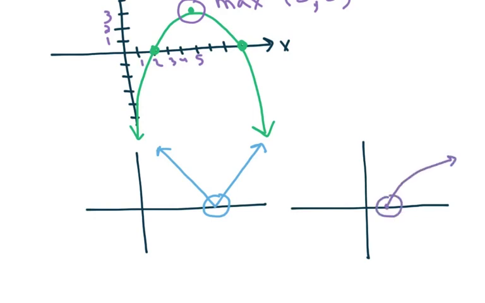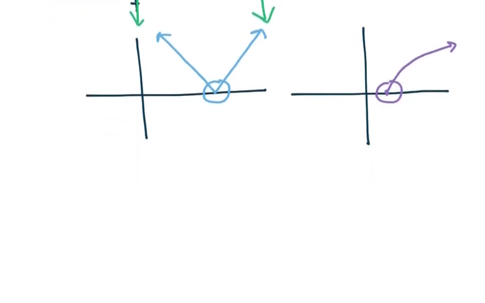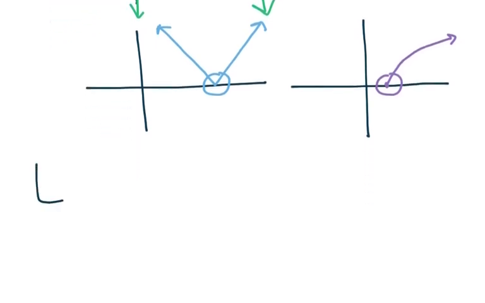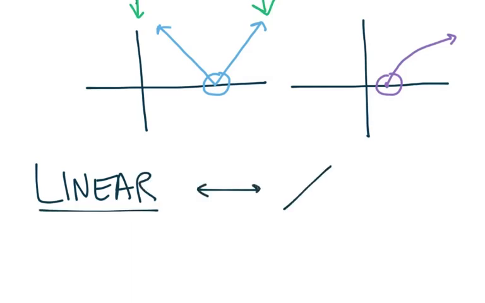It'll have a top or a bottom. But there are graphs that don't have a maximum or minimum. Linear functions, those straight line graphs, whether they be horizontal or diagonal, have no minimum or maximum, because those graphs don't change direction. They continue in the same direction forever.